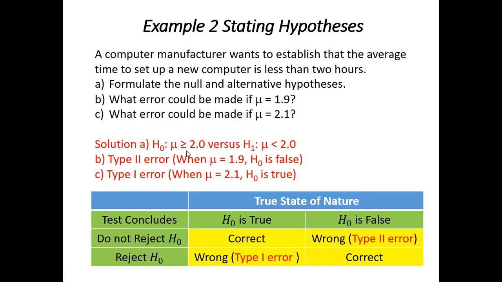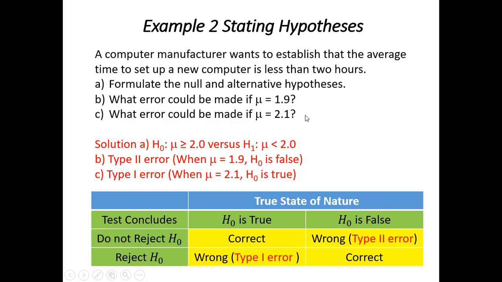So the question is, what error could be made if mu is 1.9? Well, when it's 1.9, the hypothesis is false. So when the null hypothesis is false, we could only make a type 2 error. Right? When it's false, we either get it right or there's a type 2 error. So the correct answer to B is a type 2 error.